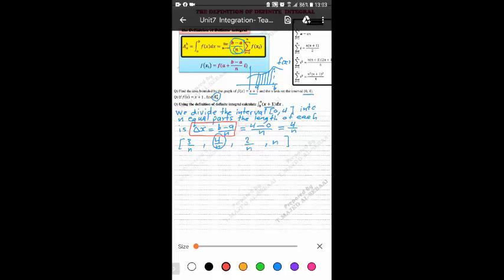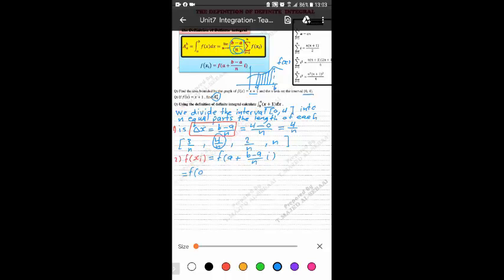Yes. Okay, now how can I find f of xi? Easy. This is number one. Number two, to find f of xi, as you can see, it has a rule. It is f of a plus (b minus a) over n, which is delta x, times i. What is a?